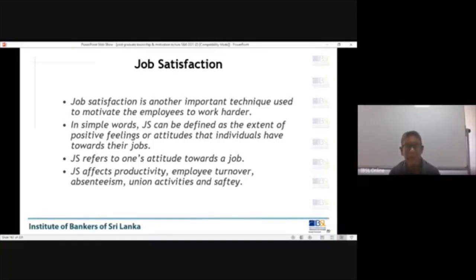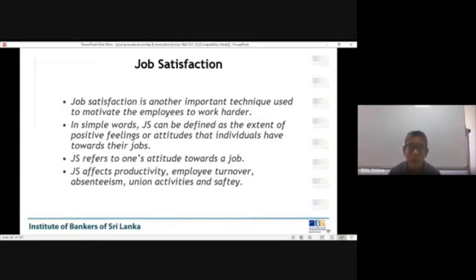In simple words, job satisfaction can be defined as the extent of positive feelings or attitudes that individuals have toward the job, right? If it really impacts your business: employee turnover, reduced productivity, absenteeism.